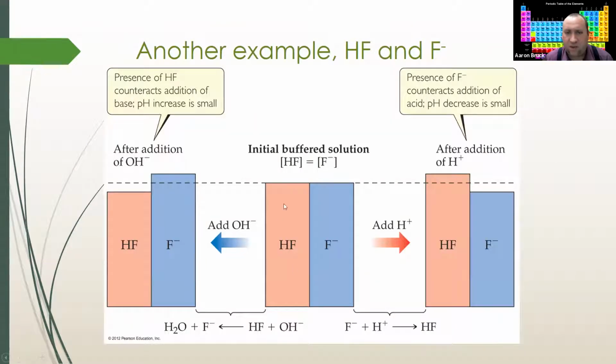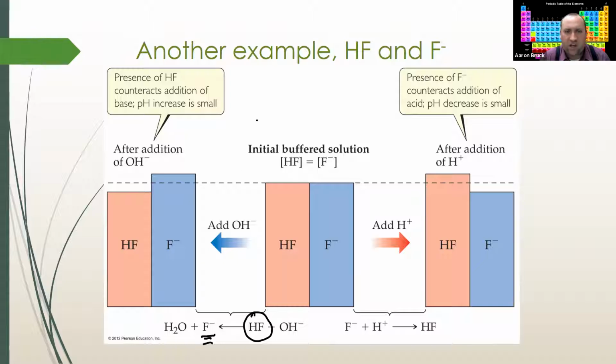Here's another example using hydrogen fluoride and fluoride ions. Again, starting with our initial conditions where we have roughly equal amounts of each one. I add hydroxide. The hydroxide reacts with the hydrofluoric acid. I end up getting more fluoride ion as a result.